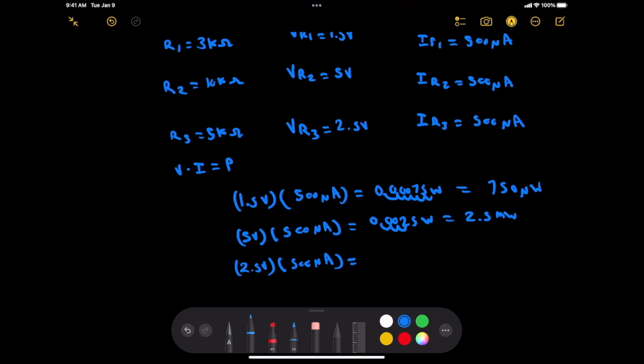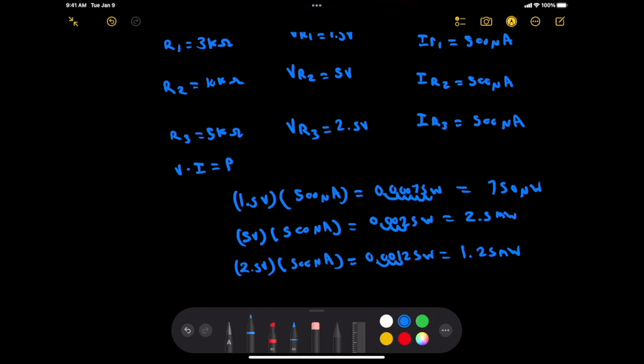And now let's just do it for the last one. We have 2.5 multiplied by 500 microamps, which is going to be equal to 0.00125 watts. And then we're going to convert that to 1.25 milliwatts.